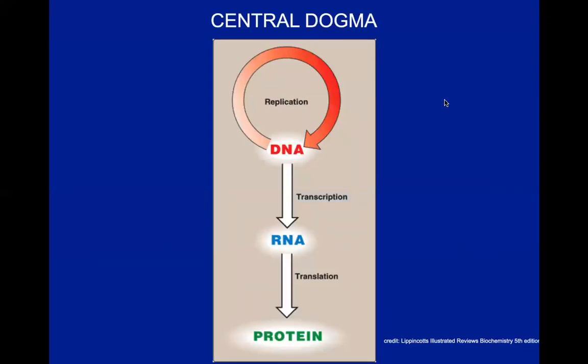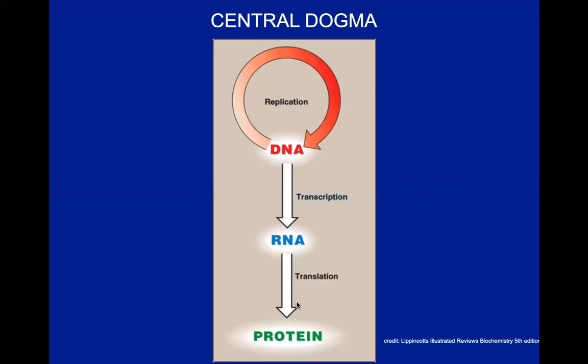Now, this is the central dogma of life. DNA should undergo replication for new cell formation. DNA contains the entire genes which have to be transcribed. So from DNA, messenger RNA is formed through the process called transcription, and from the messenger RNA, the corresponding proteins are synthesized.